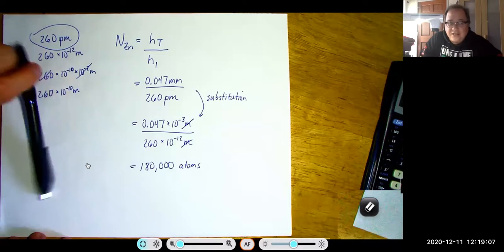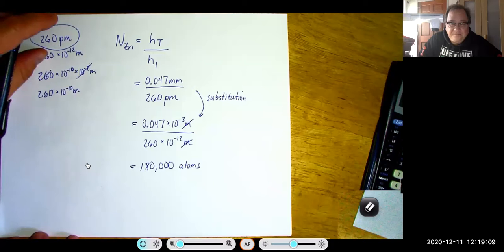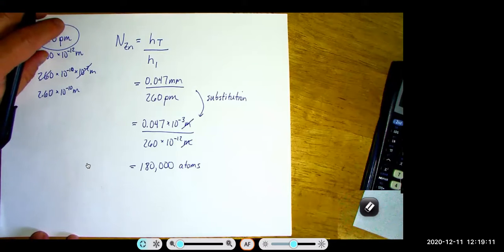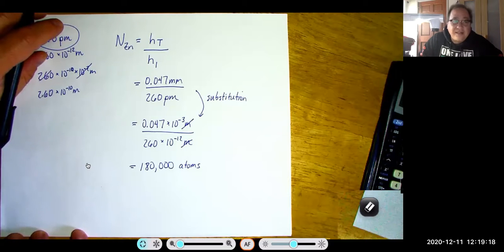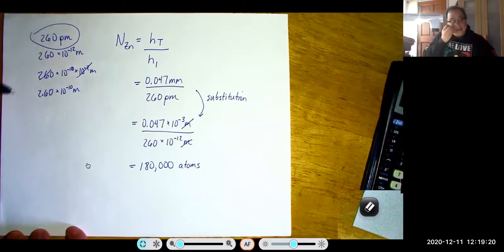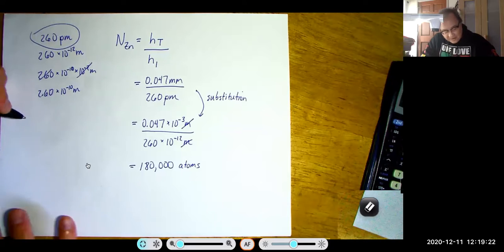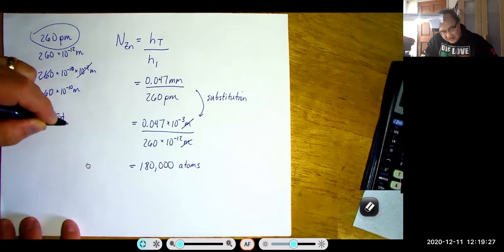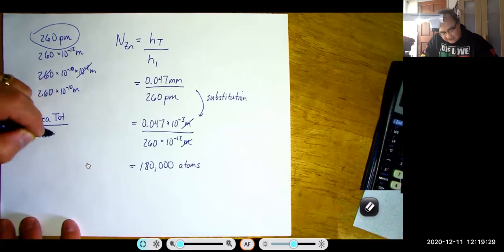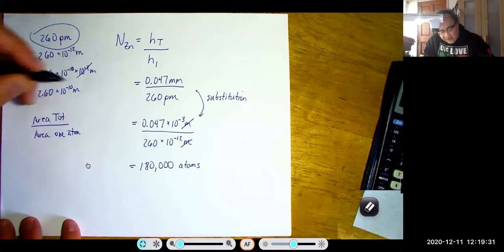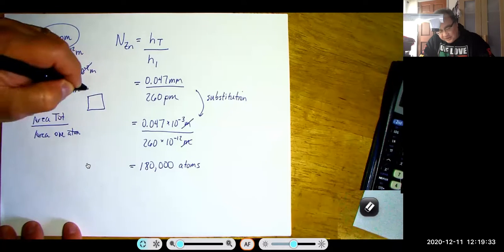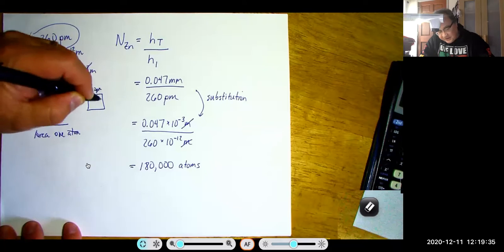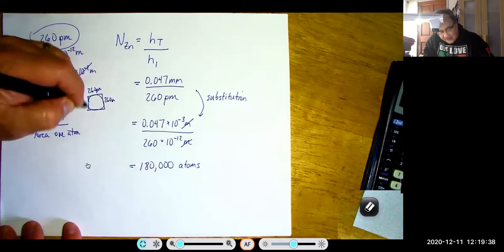How many stacks do you think there are on a nail? Well, would you take 180,000 and then multiply it by the area of the zinc on the nail? Well, you would actually have to find out how many stacks, you would take the area total and divide it by the area of one atom. And the area of one atom, you would assume that it's 260 picometers by 260 picometers, like that, right?